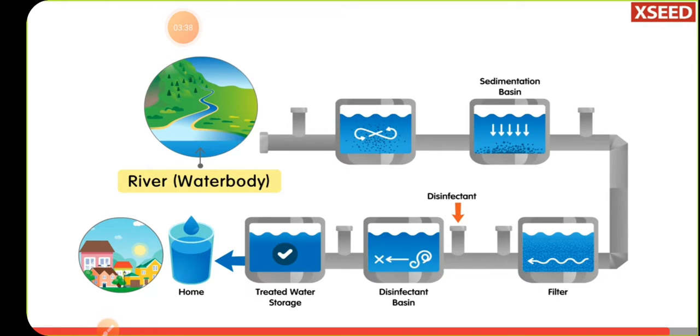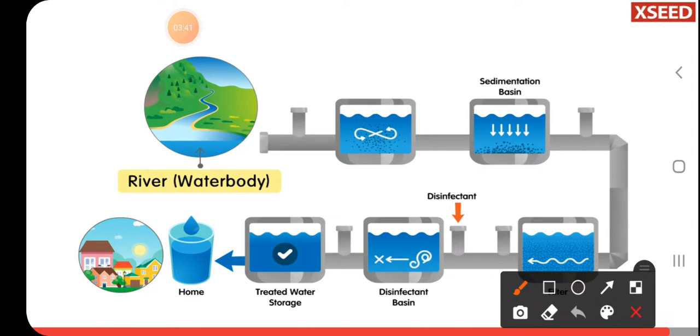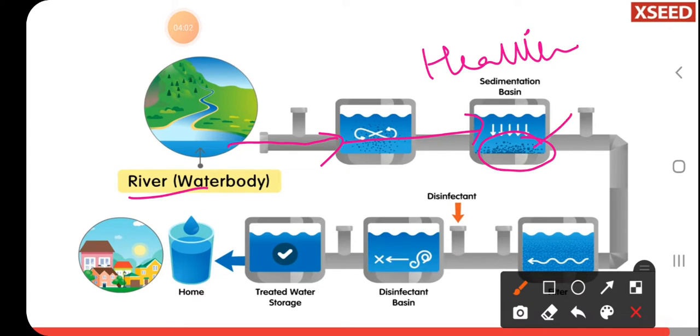Generally we know that water is collected from water bodies like rivers, lakes, canals, ponds. From there, at first the water is supplied to the sedimentation basin, where the heavier insoluble particles settle down at the bottom as sediment.